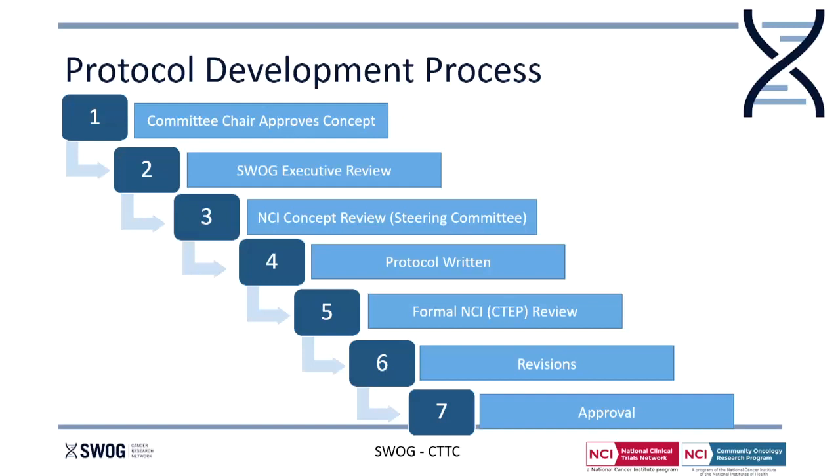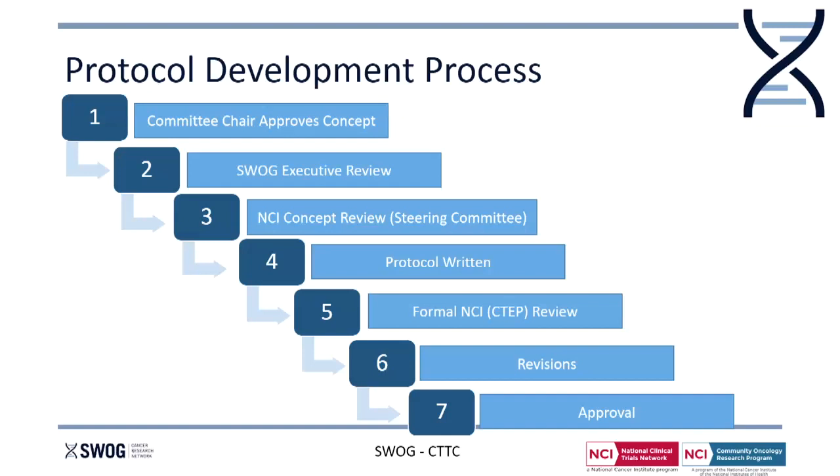And then the next step is that the proposal goes to the NCI. For most disease sites, the NCI has an established external steering committee that takes a look at all of those concepts when they come in. They make a decision about whether the research that's being proposed is of scientific merit, whether it's duplicative.